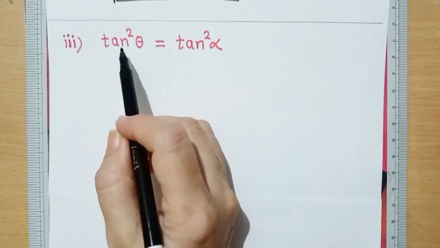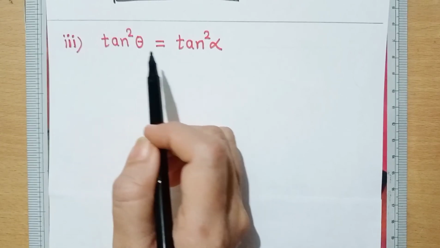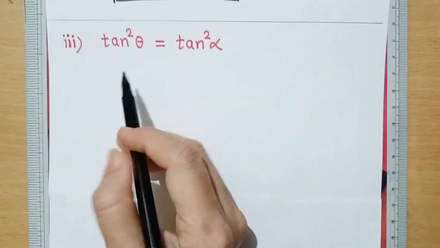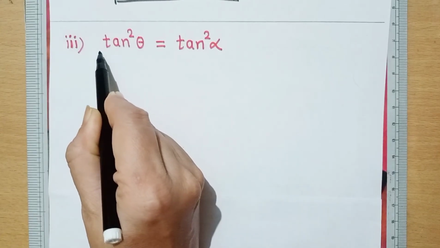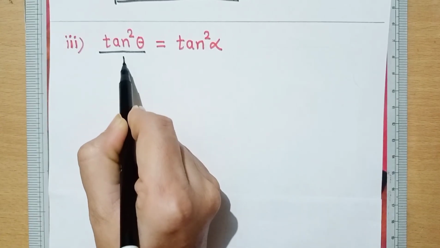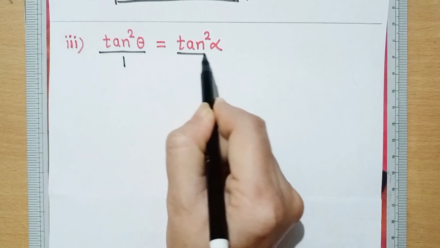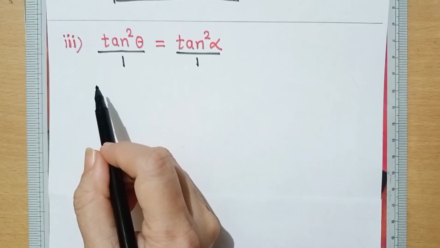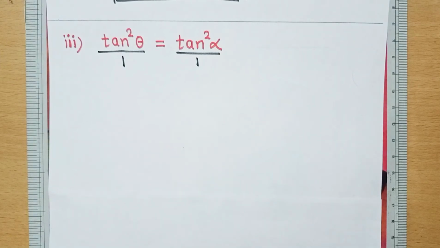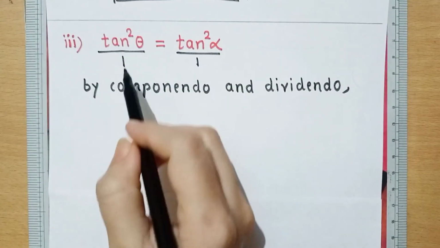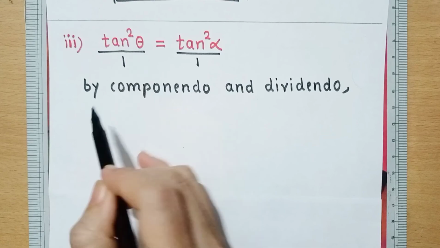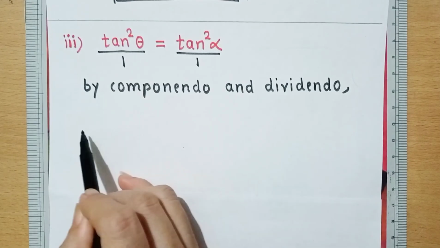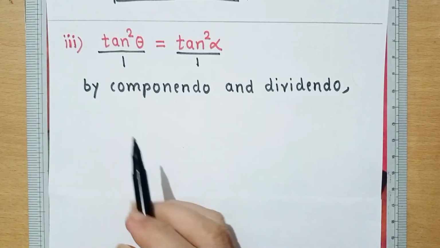Let's find the general solution of tan square theta equal to tan square alpha. First we will write the denominator, which is 1. Here also the denominator is 1. So by componendo and dividendo, means we will add up numerator and denominator here, and in the denominator we will subtract.